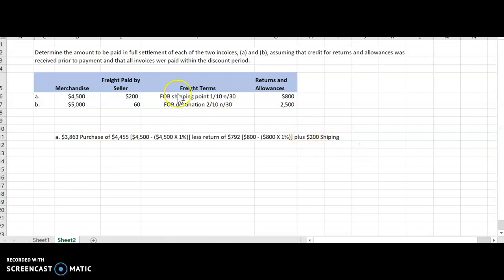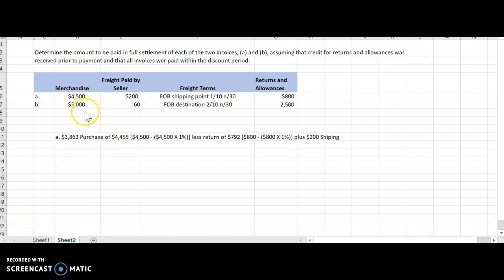That is because it is FOB shipping point. And what that means is the buyer is paying the shipping. It doesn't matter that the seller originally paid the shipping. They're going to bill it to the buyer anyway, so they'll get their money back, but the buyer is actually going to end up paying the shipping, and they will bill the buyer.